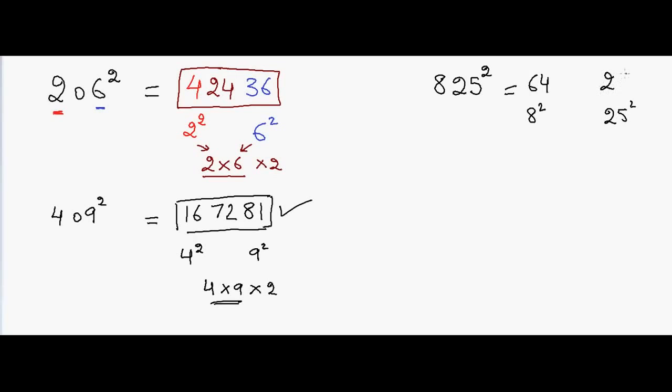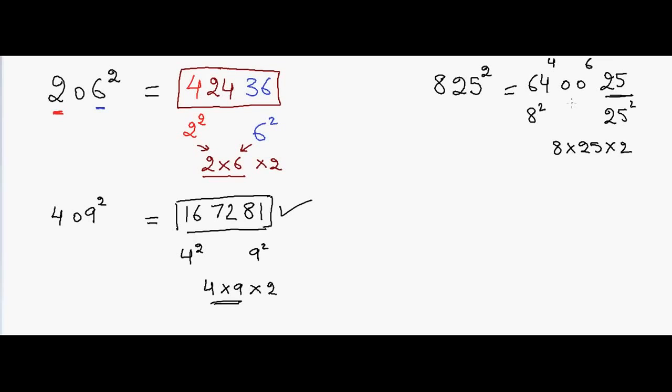So we'll write 25, and then we have to write a 6 here, because we can only use the two digits in the end. Now if we multiply 8, 25 and 2, that will be 400. So we can only write two zeros here, and I have to write a 4 here. Why?